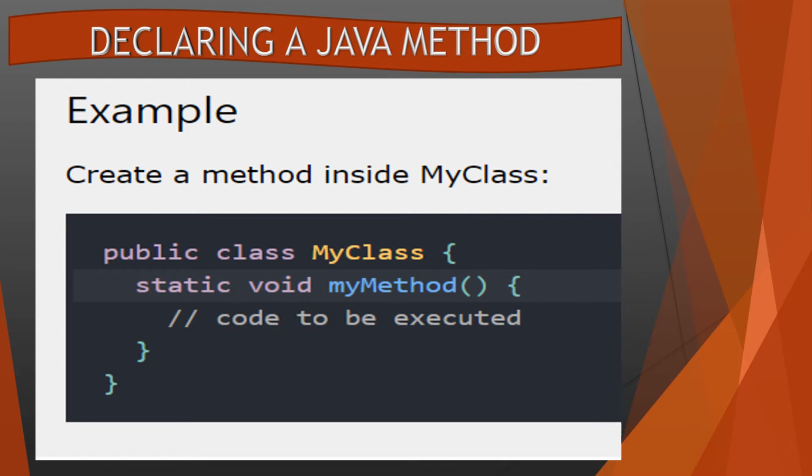The void here means that this method does not have a return value, compared to the previous one earlier, which is not void. It has a return value which is an integer.